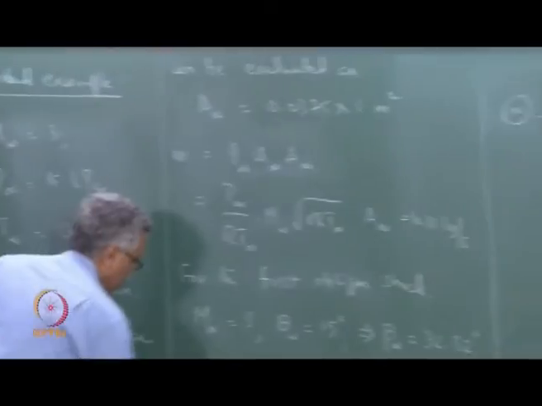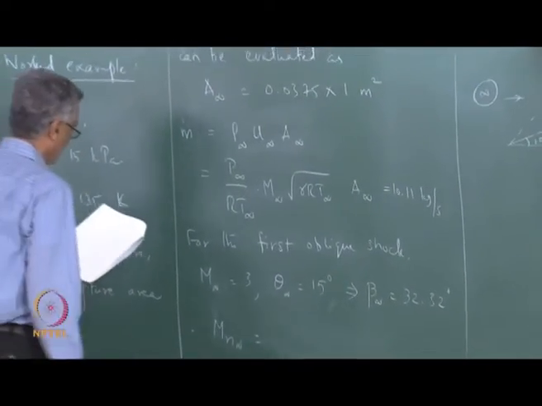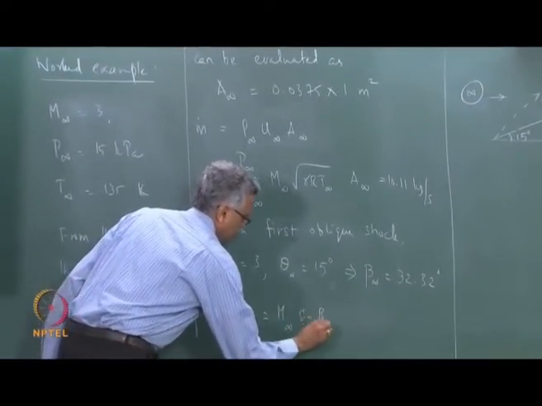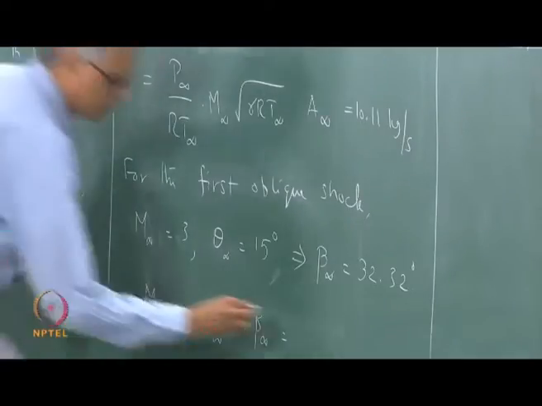Therefore, Mn infinity is equal to M infinity sin beta infinity, which comes out to be 1.6.